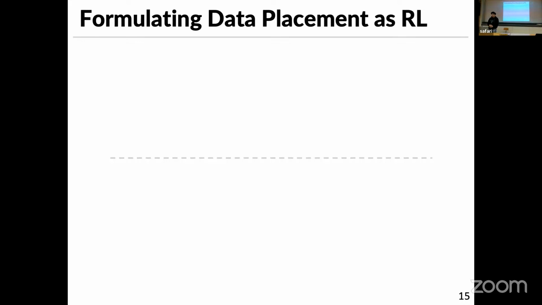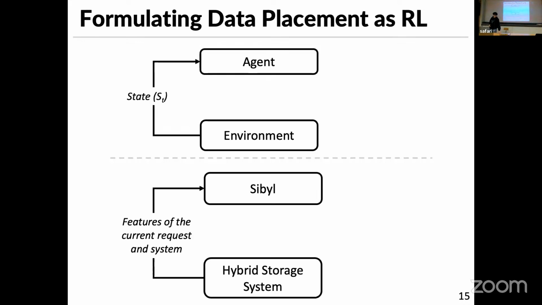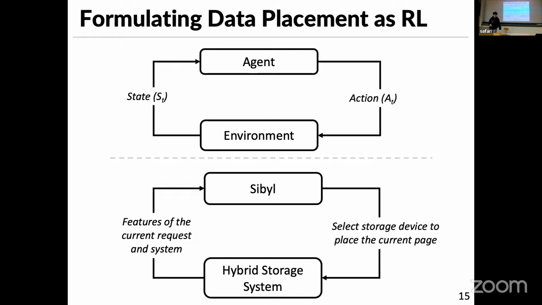So what does that look like for data placement? The agent is Cibil. The state is a certain number of features of the current request and the system. We will see how exactly that looks. The action is basically, for every single request, you select in which storage device the page will be after the request.